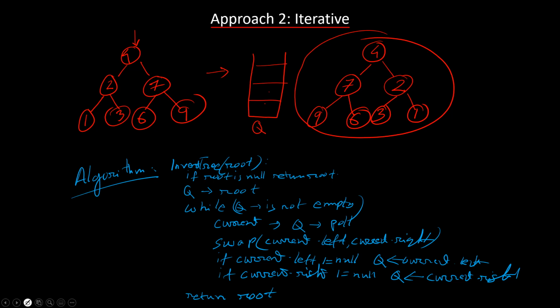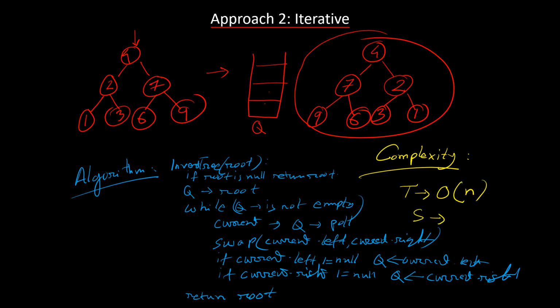Now what is the complexity here? For time complexity, again we have to visit each and every node, which is big O n, where n is the number of nodes.